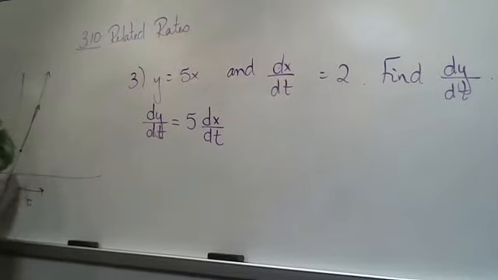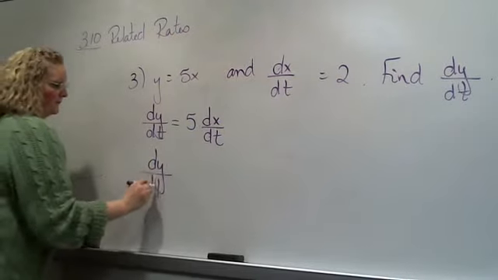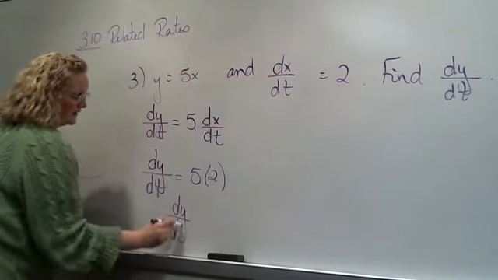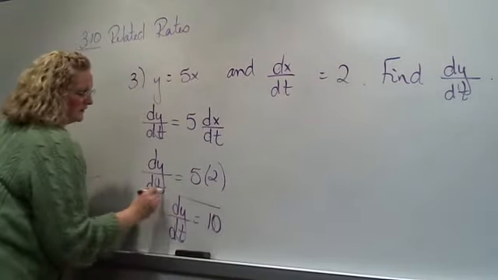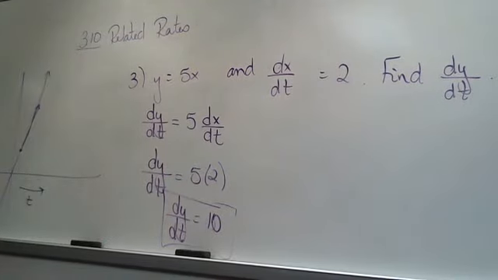Now they want me to find dy/dt when dx/dt is 2. What am I going to do? Multiply by 2. dy/dt is 10 units per time. We have no idea what the units are, who cares?